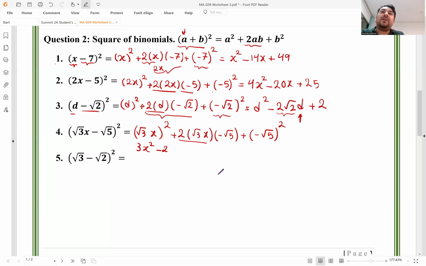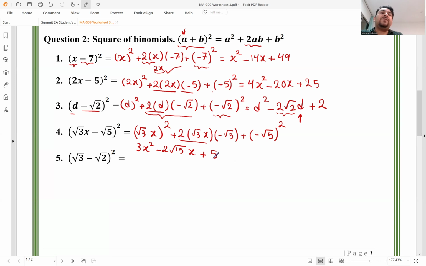Okay, we can multiply the radicands. So we can multiply 3 and 5, which becomes radical 15. And the variable is x. Okay, plus negative radical 5 powered by 2 will be positive. Radical 5 powered by 2 means radical 5 times radical 5, which is 5.